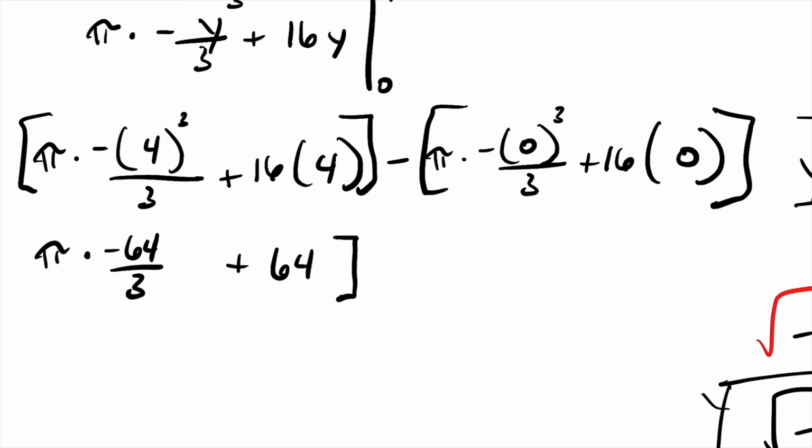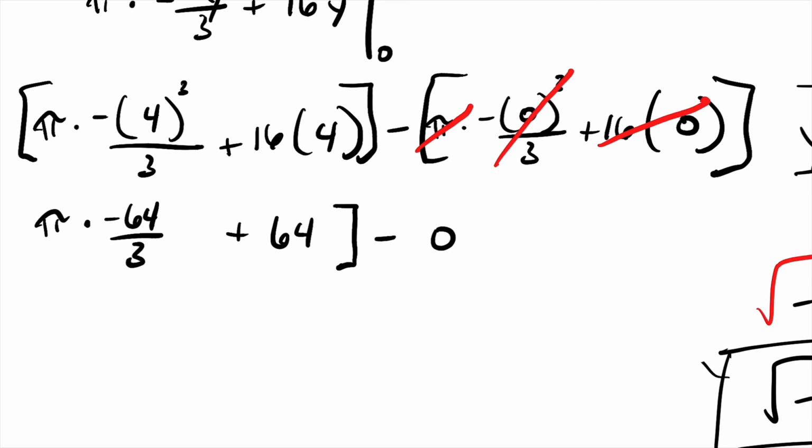Over here I get 0, and then pi cancels out. So I have pi times negative 64 thirds plus 64.